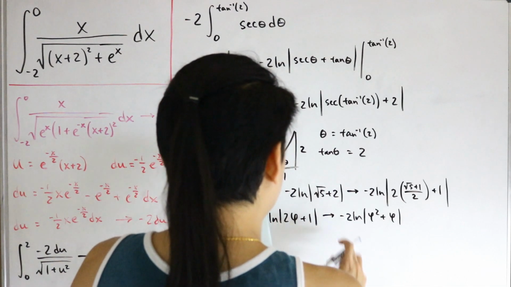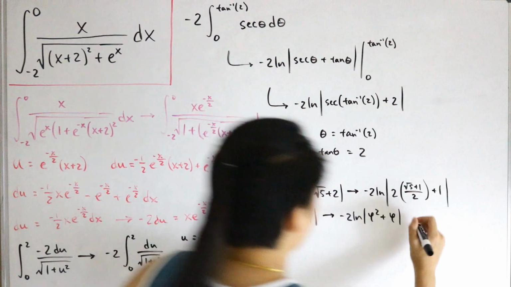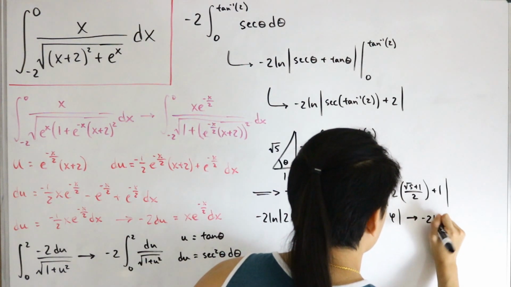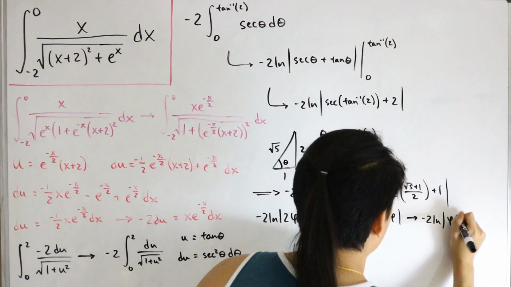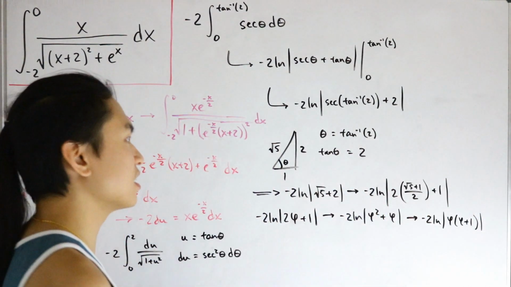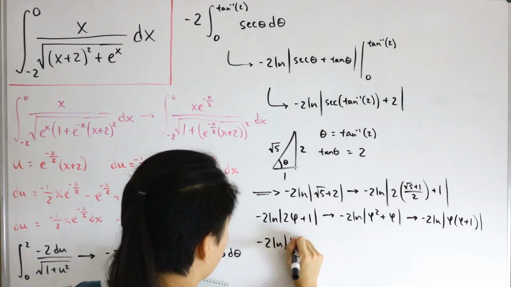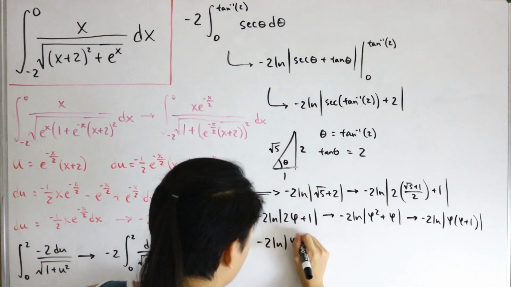I can factor out the phi, so I have negative 2 ln of phi times phi plus 1. And phi plus 1 has a nice identity that's equal to phi squared. So negative 2 ln of phi times phi squared, so phi cubed.